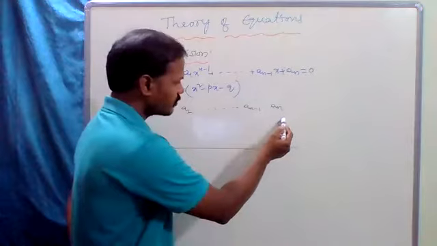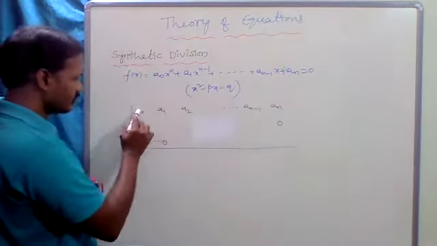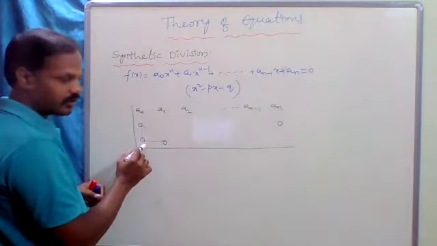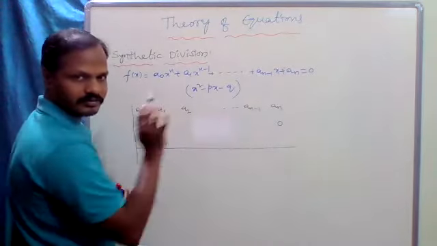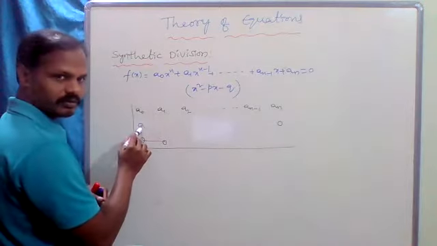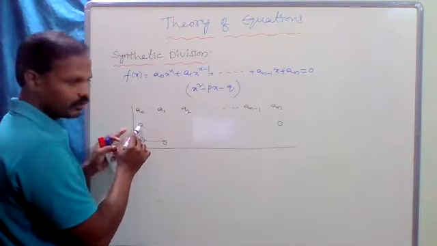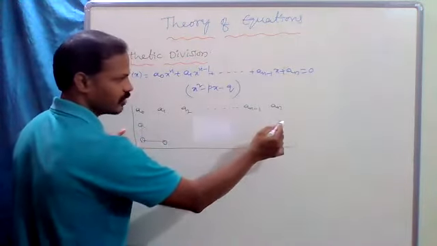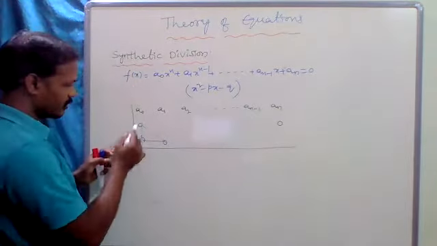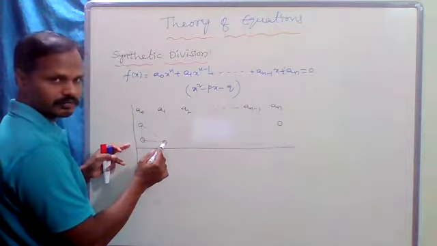This is the first row, second, third row. In the first row, you write all the coefficients. Second row, first column 0 and last column also 0. Third row, first and second column 0.